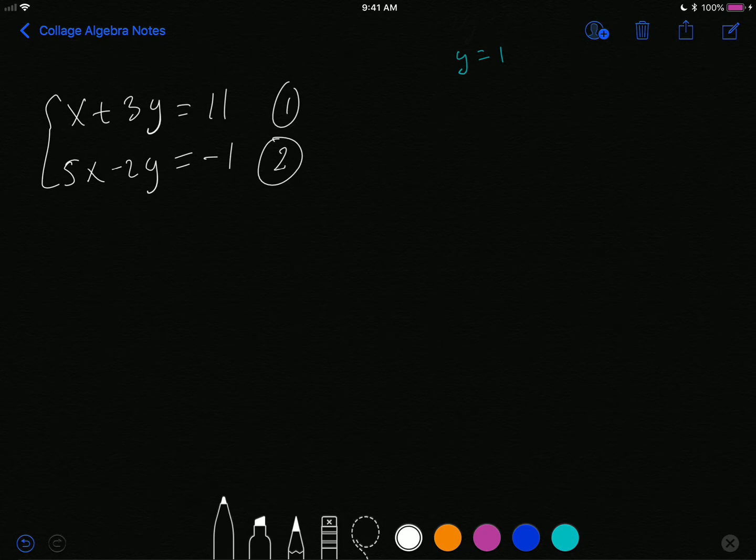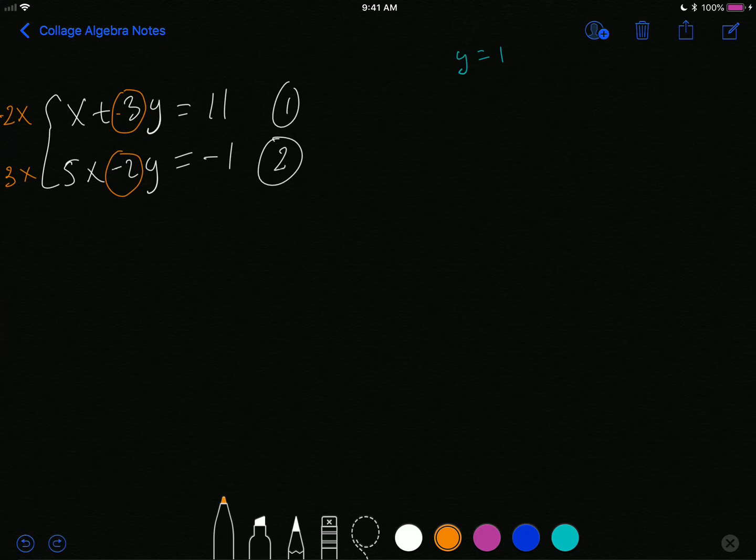And so I look at my coefficients. Well, my coefficient here is 3, and my coefficient right here is 2. And so this equation up here, I'll multiply by 2, and I'll multiply this one by 3. And so you're thinking, well, why didn't I make this up here negative 2? Well, if I make it negative 2, then both of them will be negative.